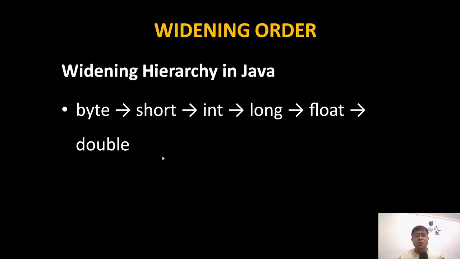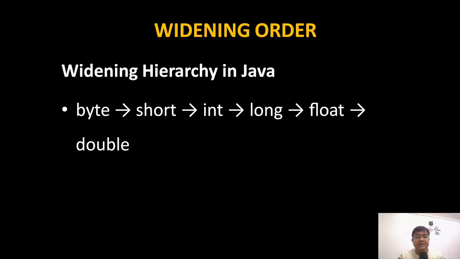Now, the widening order is basically a hierarchy. Implicit typecasting in Java is also called widening. It happens automatically when you convert a smaller data type into a larger data type, like byte to short, short to int, int to long, long to float, float to double. So it is basically the widening hierarchy.